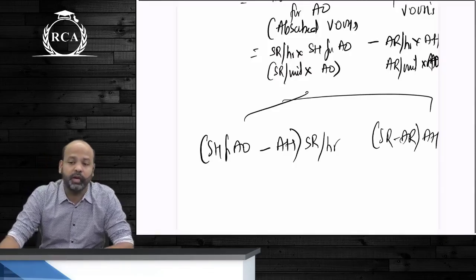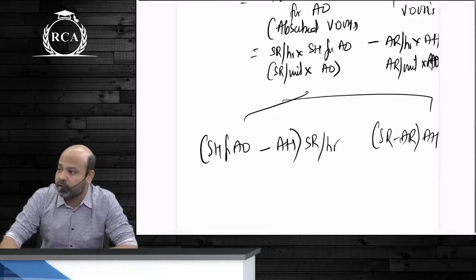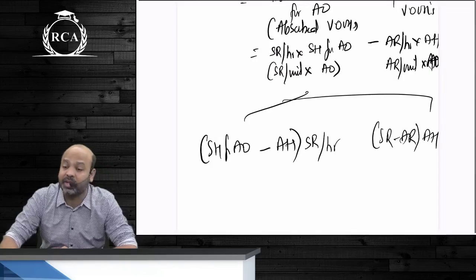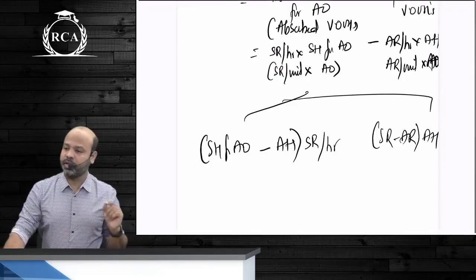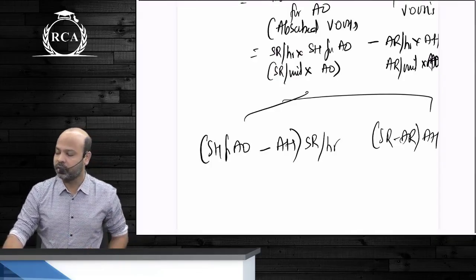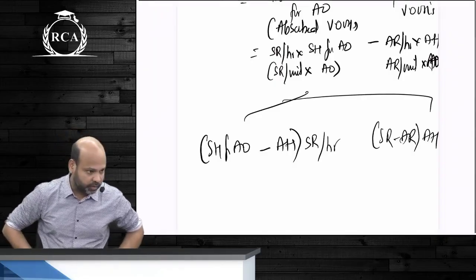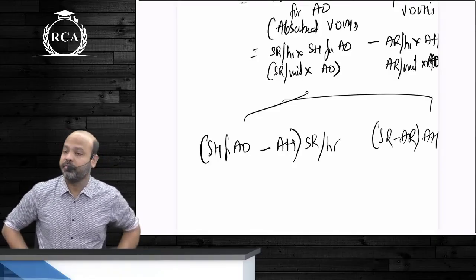There's no such thing called idle time variance when it comes to variable overheads. So the actual hours that we consider, guys, for both efficiency and expenditure are actual hours worked, not actual hours paid. You incur variable overheads only when work is being undertaken. Because of that, there is no concept of idle time variance.